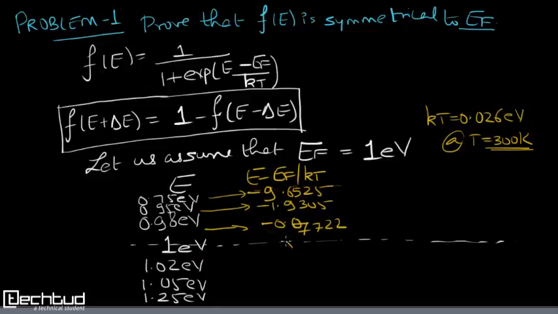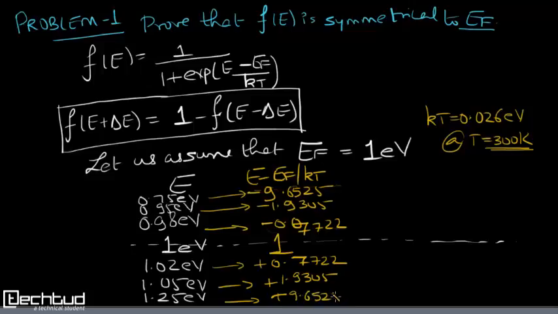When you put 1 electron volt, E minus EF is 0, so this is 1 by 1, and the probability is in that case simply 1. For 1.02, this value will come out to be plus 0.7722, then plus 1.9305, and for 1.25, this value will come out to be plus 9.6525.